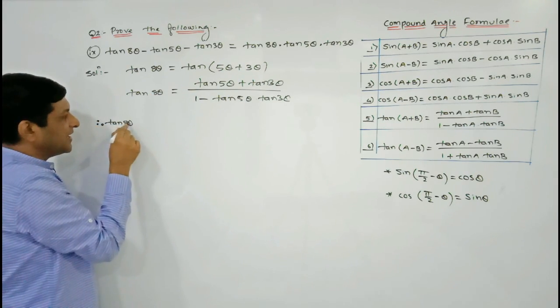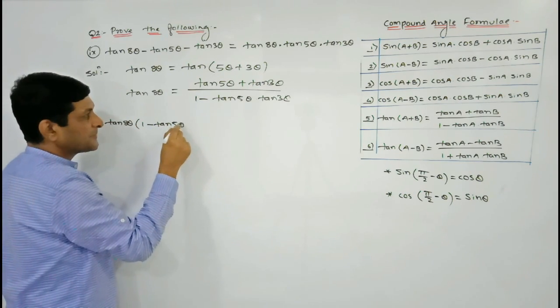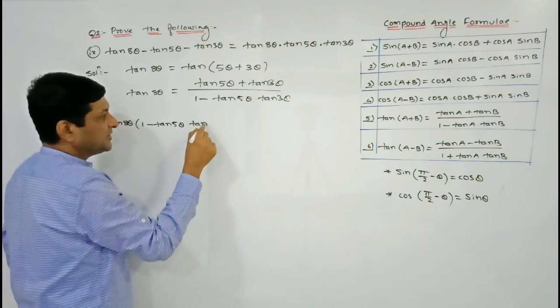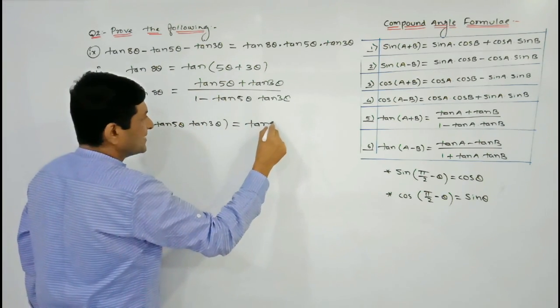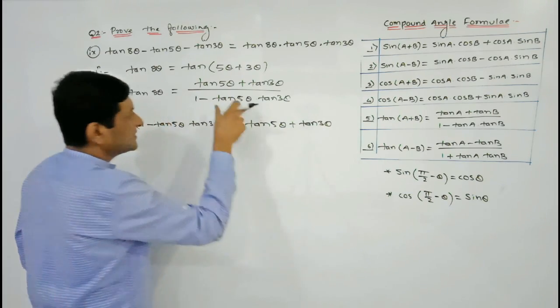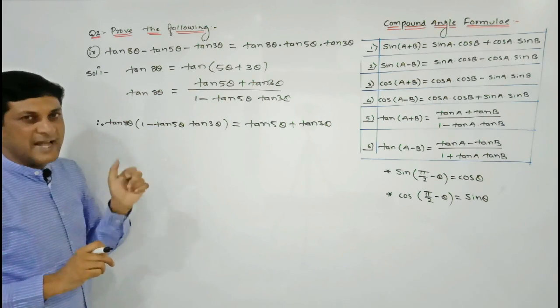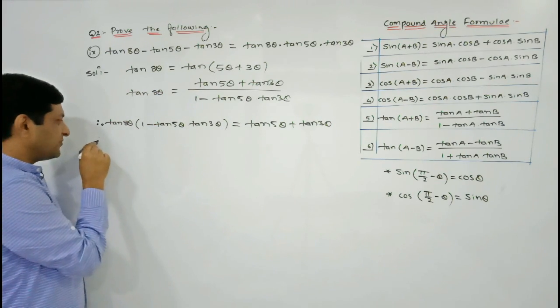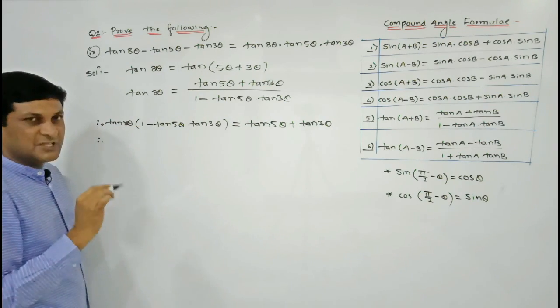Tan 8θ into (1 minus tan 5θ into tan 3θ), and on the right hand side the remaining term is tan 5θ plus tan 3θ. I am shifting this term to this side, where it gets multiplied to tan 8θ. So now I am multiplying tan 8θ to both the terms in this bracket.